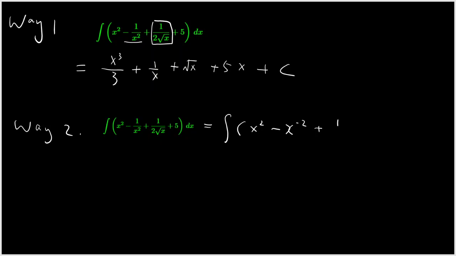So maybe we leave out 1/2. 1/2 times x to the power of negative 1/2. So do you see the third term is converted to a function like that? So because 1 over square root of x is x to the power of negative 1/2, right? And then there's nothing you can do about 5.